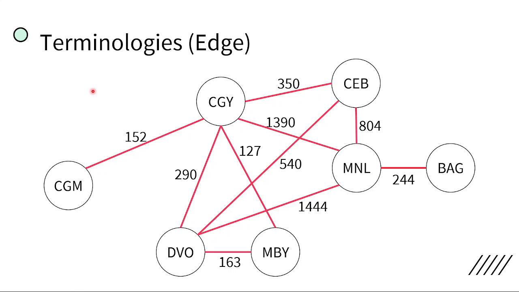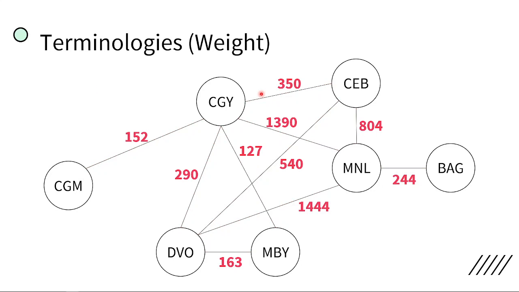Next, we have our weight. A weight is sometimes also called cost. Basically, the weight is how much it takes to traverse an edge, or the cost of going from one vertex to another.